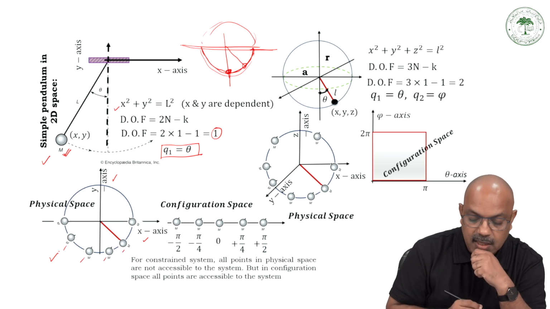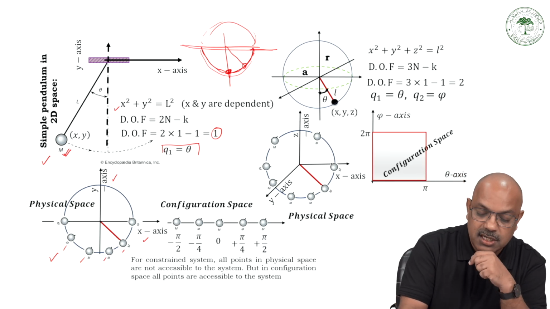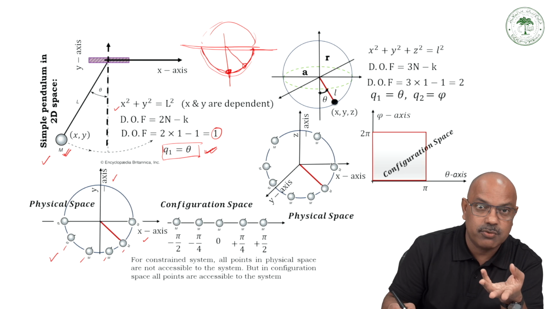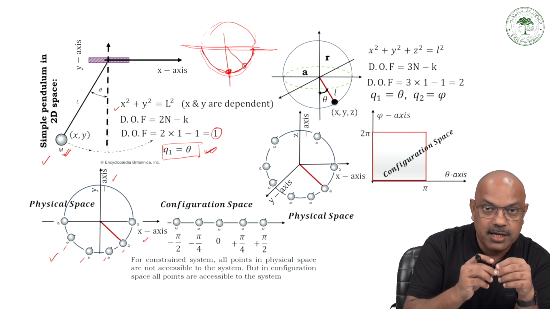But in the configuration space, which is the space spanned by the generalized coordinate, and our generalized coordinate is theta, this is going to be a line, the number line of theta.